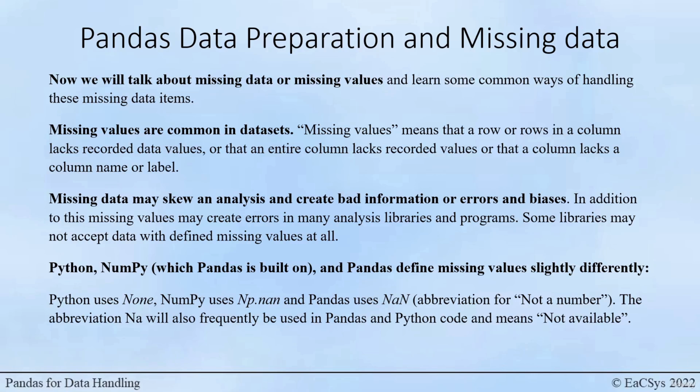And now we're going to talk about Pandas definitions of discovered and marked missing values. Python and NumPy, which Pandas is built on, and Pandas use different abbreviations for missing values. Python uses None, NumPy np.nan, and Pandas NaN. NA is also frequently used by Python or Pandas data code and means not available.